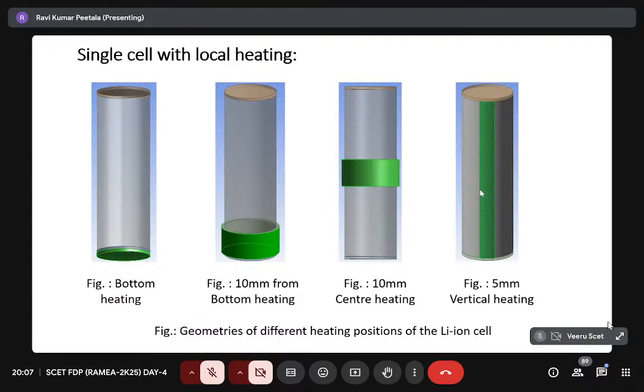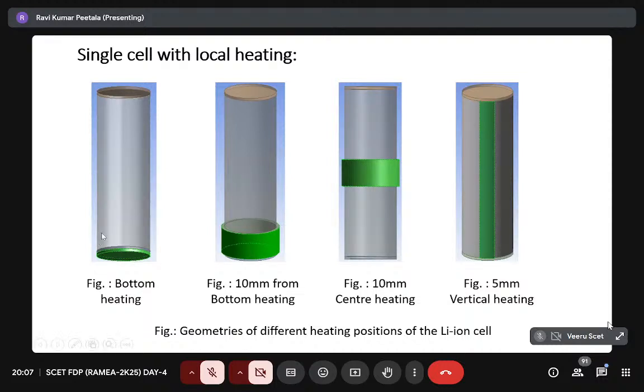Instead of heating one side only, I considered that the battery may heat at any place, because of a defect. The temperature rise may happen at the bottom of the battery, or from the bottom for 10 mm thickness, or in the middle portion or this side. We don't know. I just want to understand how the temperature increases if the bottom starts getting heated.